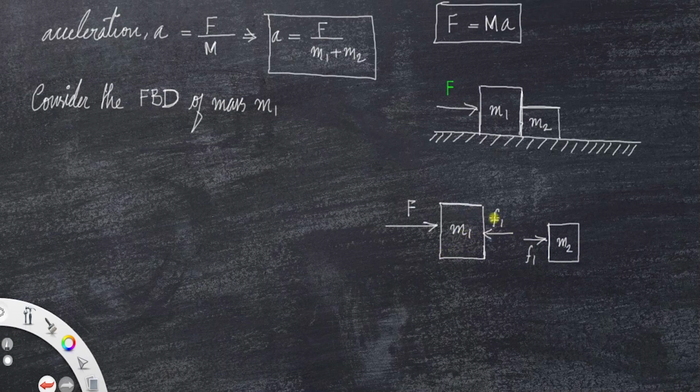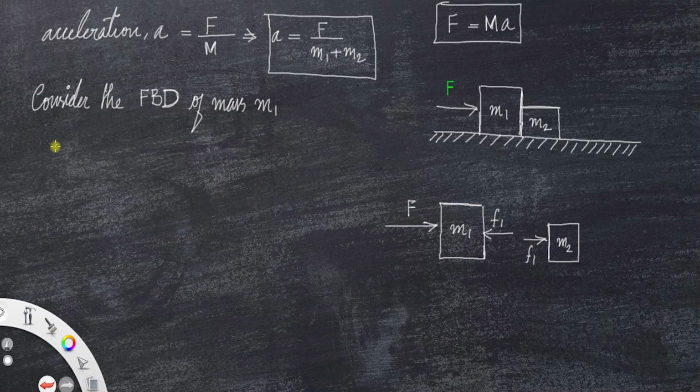We know action and reaction have the same magnitude, but they act in opposite directions. One point also, this action-reaction pair does not cancel each other because they act on different bodies. Clear?